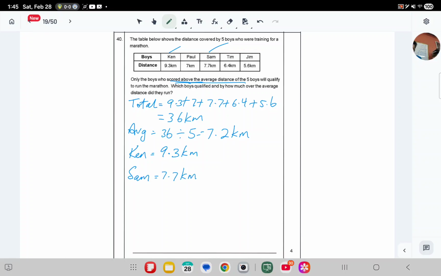They want to know by how much over the average. So we take away. And that will leave us with 2.1 kilometers here and 0.5 kilometers here. Right, so 1, 2, 3, 4 marks right there.